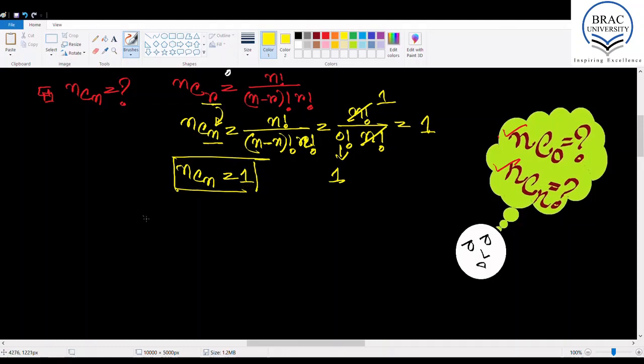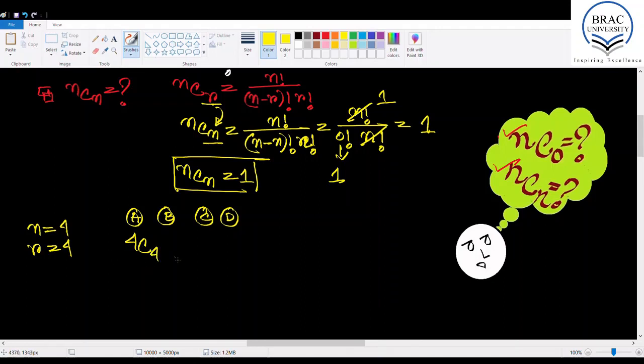Yes. How? For example, say there are 4 balls marked by 4 different letters A, B, C, D. If I ask you to choose all of the 4 balls, in how many ways can you choose them? You would say, since the total number of balls equals 4, and I have to pick 4, the total number of ways will be 4C4.